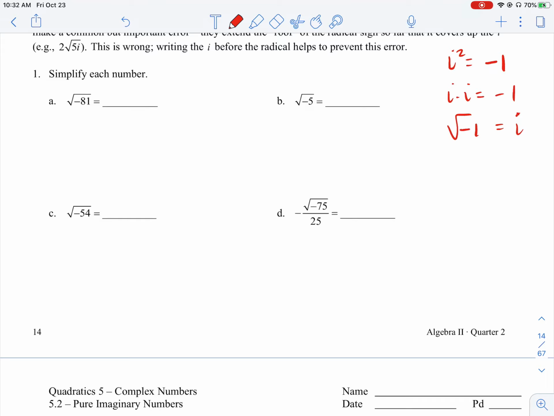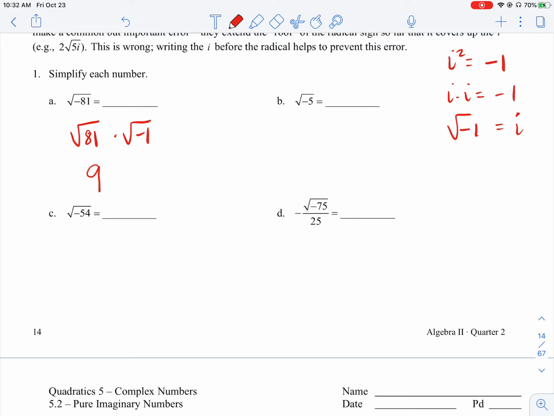And so if I have the square root of negative 81, let's take the negative out of the 81, because we know that the square root of 81 is 9, correct? But what if it's the square root of negative 81? So I'll do the square root of 81 times the square root of negative 1. I know that the square root of 81 is 9 because 81 is a perfect square.